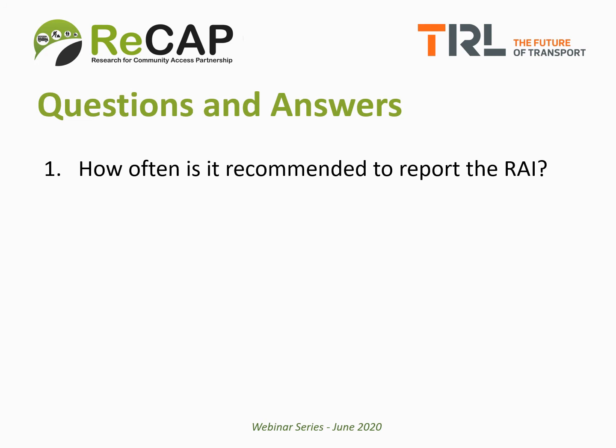For countries where there's major road construction or rehabilitation programs, it's recommended to be measured annually. For countries with rapid urbanisation or where there's been conflict or economic disaster or major natural disasters, it should be measured every 2 years. For countries with an RAI of 95% or more, every 5 years, and all other countries every 3 years.